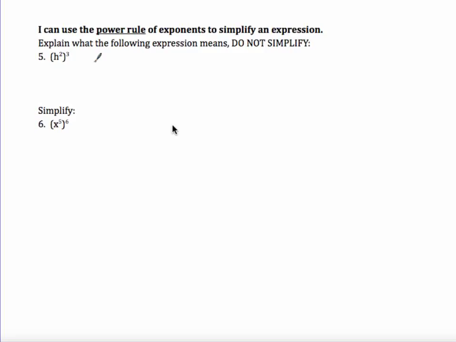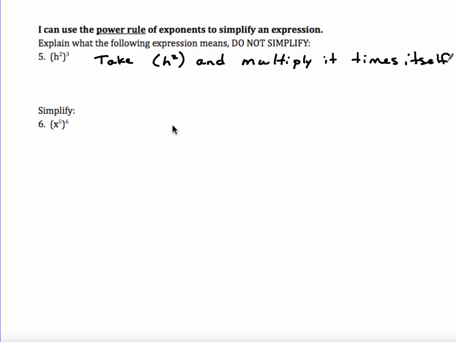And so what that means is that I'm going to take h squared and multiply it by itself three times. And so you would have h squared times h squared times h squared. That's what it means, okay?